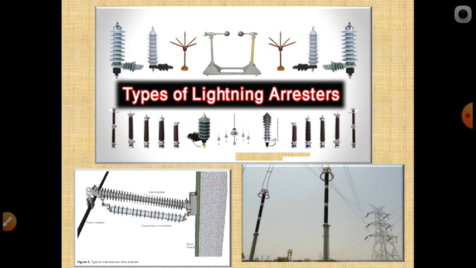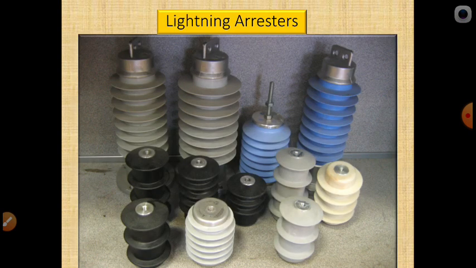Now lightning arrestors are of different types. You can see from small size to big size, based on their voltages. That is the thyrite type of material, the clay type of material. Specially designed materials, I think you already know these characteristics. Lightning arrestors have negative resistive characteristics. That means under normal voltage and frequency condition, it acts as a good insulator.